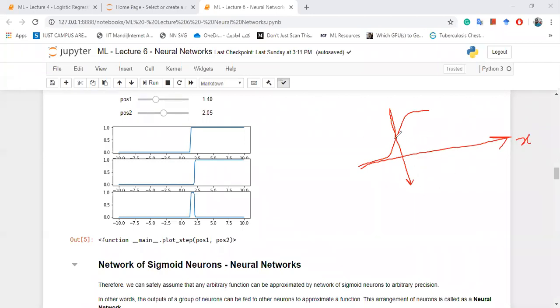In the normal sigmoid function, at x equal to 0 this is 0.5. For x greater than 0 we approach 1, and for x less than 0 we approach 0. So in this case it is centered at 0. If we want to shift it right or left, that is when the bias term comes in handy. That is what the bias term is for.